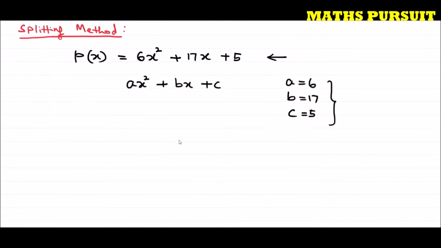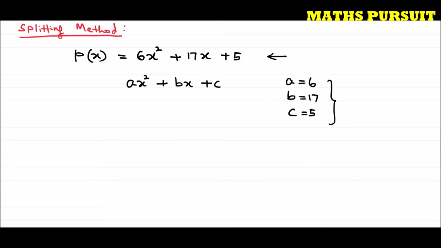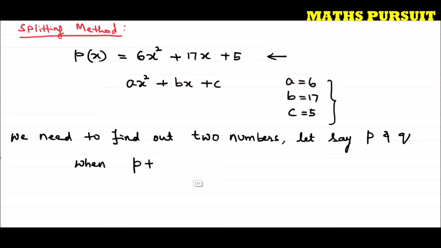Now guys, we are going to use the splitting the middle term method. So what we need to do? We need to find two numbers, let's say p and q, where p plus q is equal to b, not a, and p into q is equal to ac. Here it is a and here it is c.